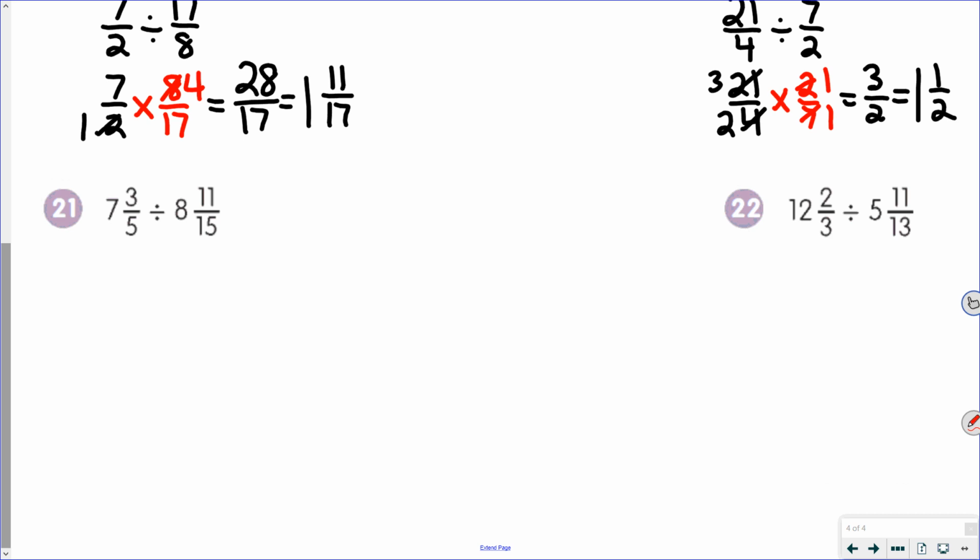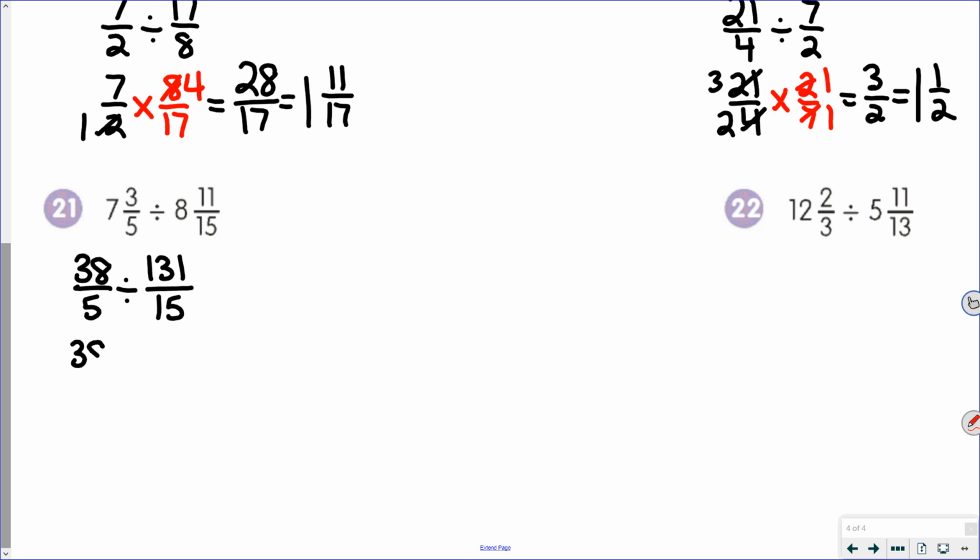And then our final two examples, we get 38/5 divided by 131/15. 8 times 15 is 120. 120 plus 11 is 131.